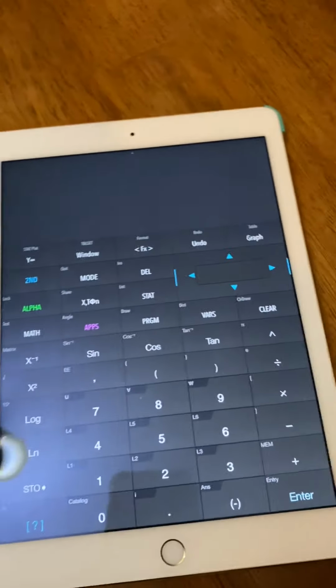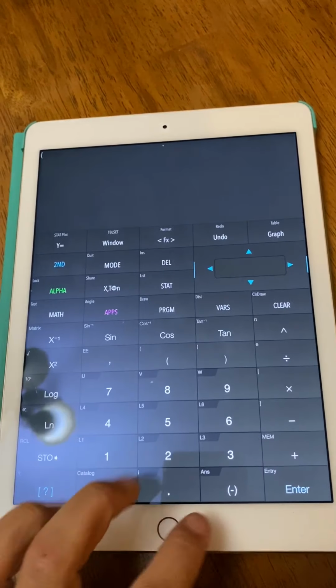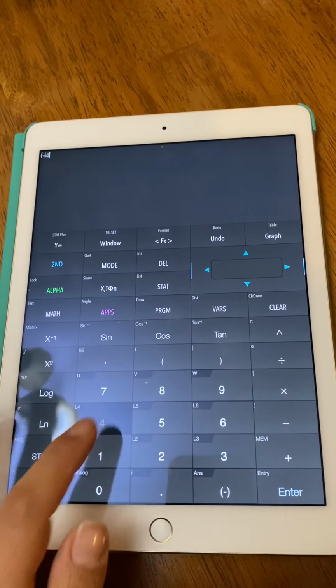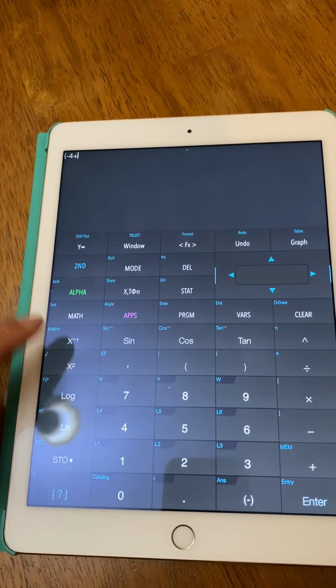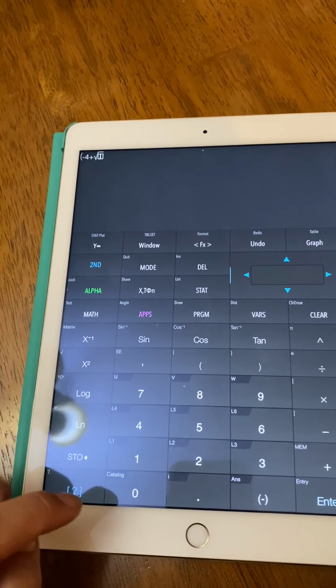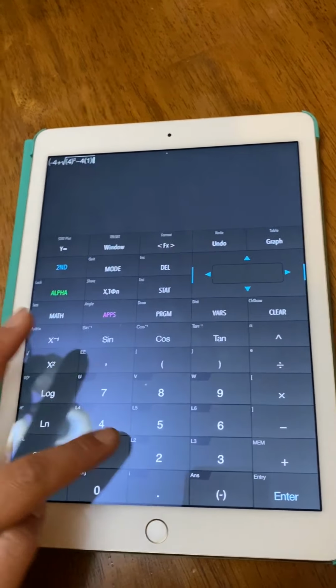Okay, so it's going to go parentheses -4 plus the square root 4 squared minus 4ac.